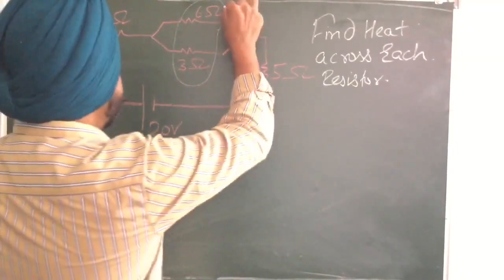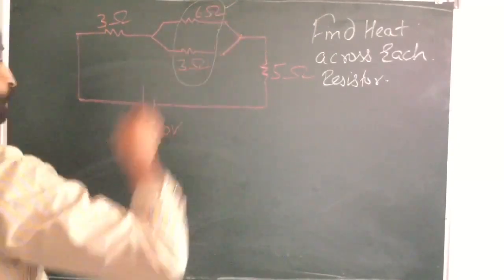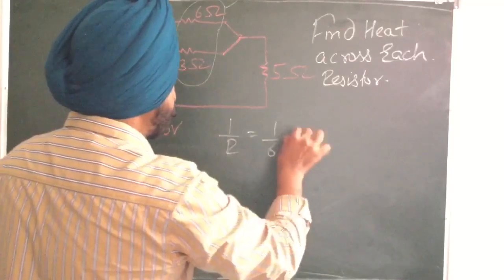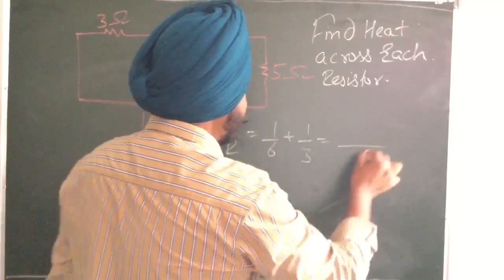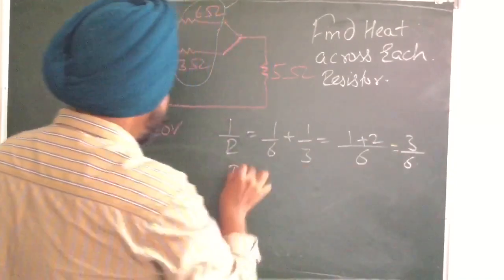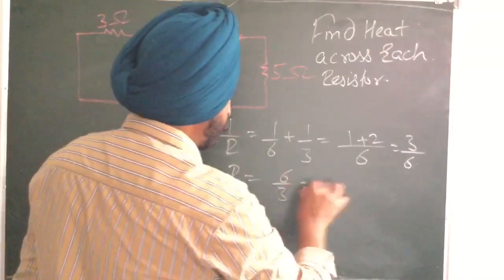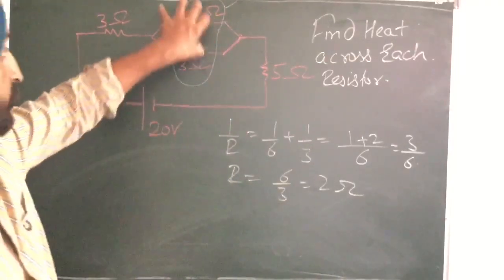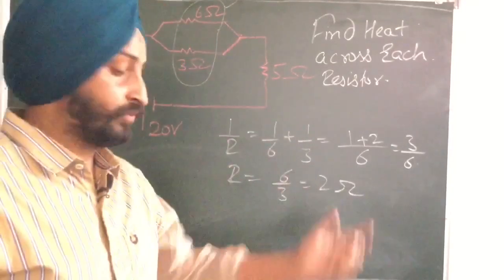I will be calculating the net resistance of these two. So what will be their equivalent resistance? It will be equal to 1 by 6 plus 1 by 3, that is 1 plus 2, so it will be 3 by 6. So our net resistance would be equal to 2 ohm. So in place of these two resistors, we can apply a resistor of 2 ohm.